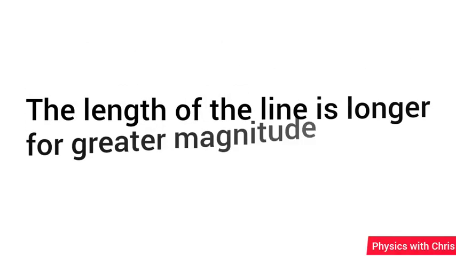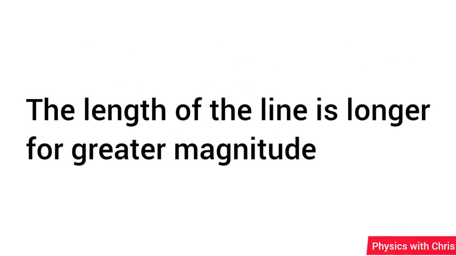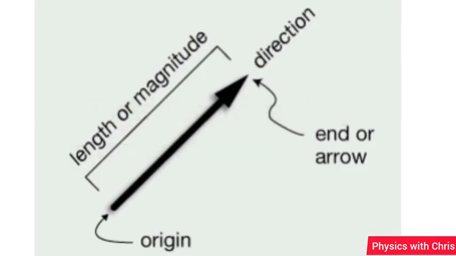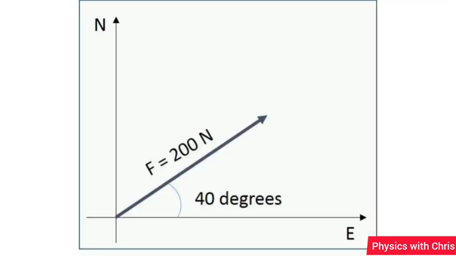A vector with a greater magnitude will have a longer line to represent it, and a vector with a smaller magnitude will be represented by a short line. The direction of the vector is given by the arrow edge of the line. So the arrow edge gives the sense in which the vector is acting.